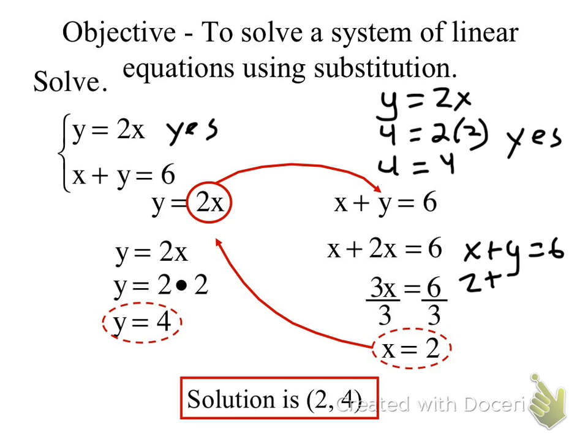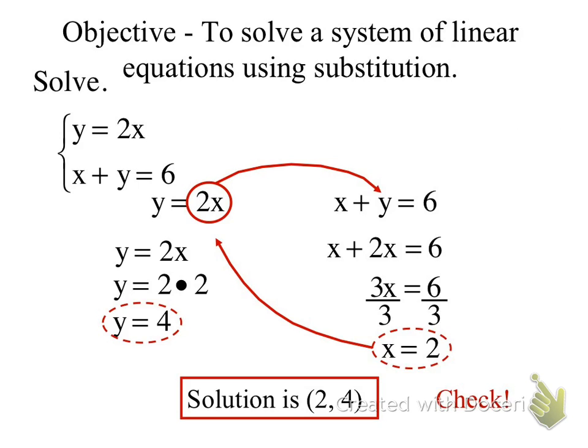What is y? 4. Does this point work in this equation? Yes. They're equivalent, so they work. So, yes, 2, 4 is the solution to the system. Okay. Questions? Okay. I'll make sure on a test you're checking.